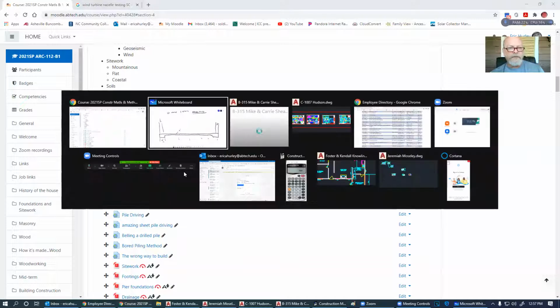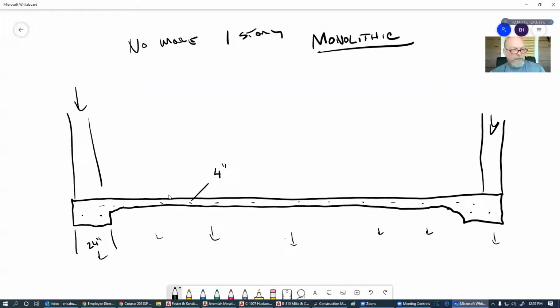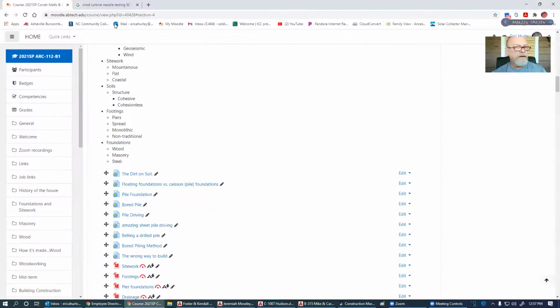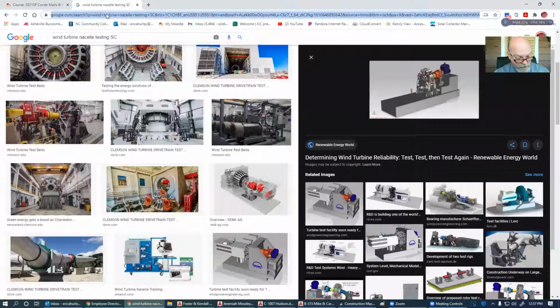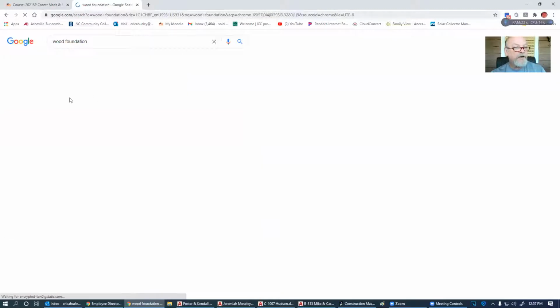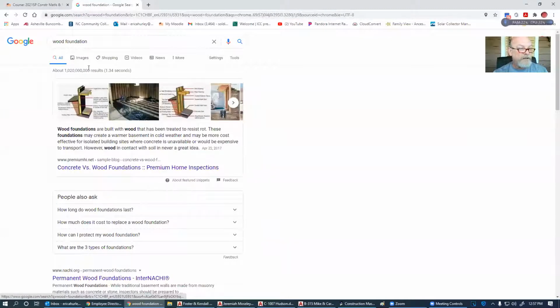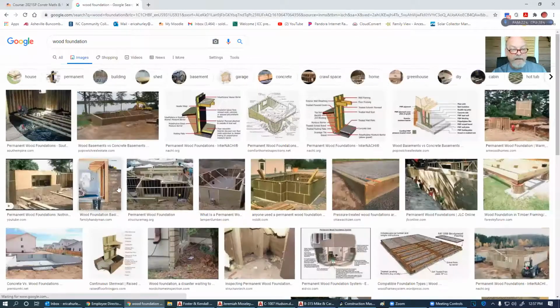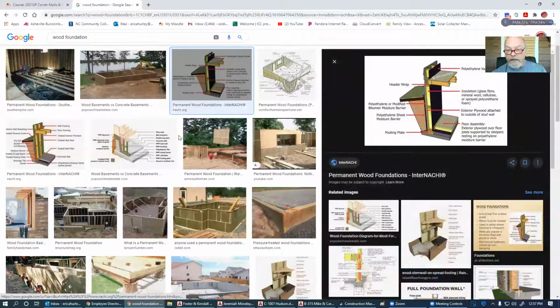Non-traditional footings. So let me just back out of here for a second. Believe it or not, yes, you can build a wood foundation all day long, providing that you use the right tools and so forth that are listed in the building code.